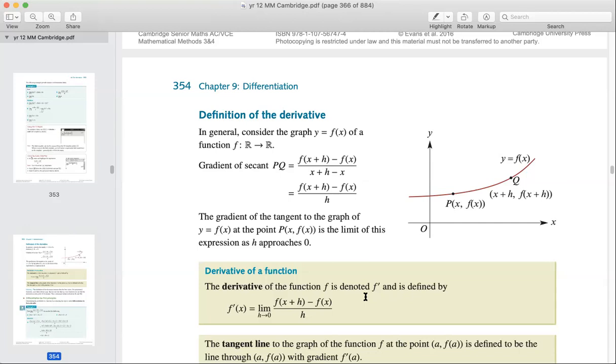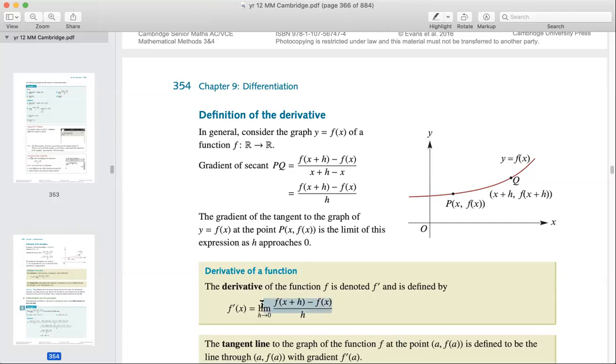So I subtract these, and to make h extremely small, I get this gradient. And if my limit has h approach 0, I get the derivative. We call this the first principle. This is our fundamental idea about the derivative and its definition.